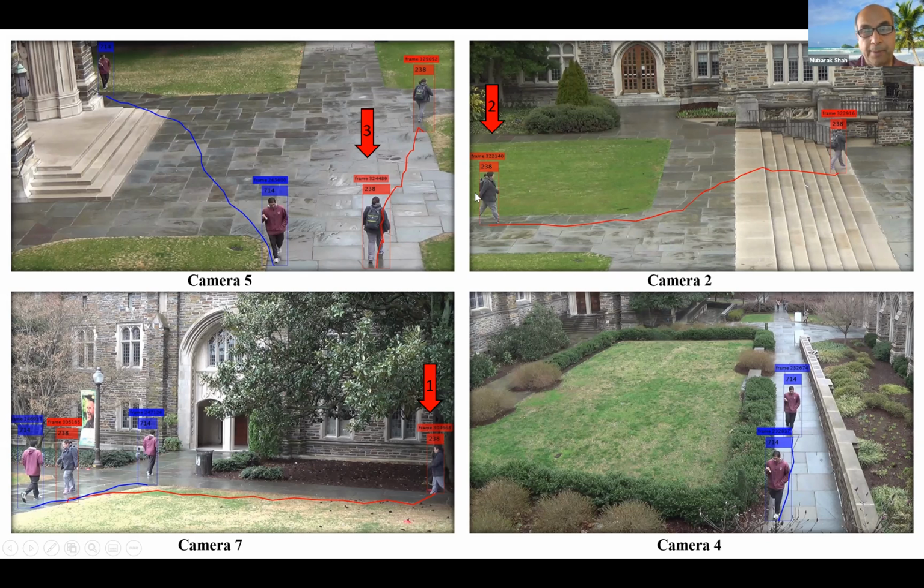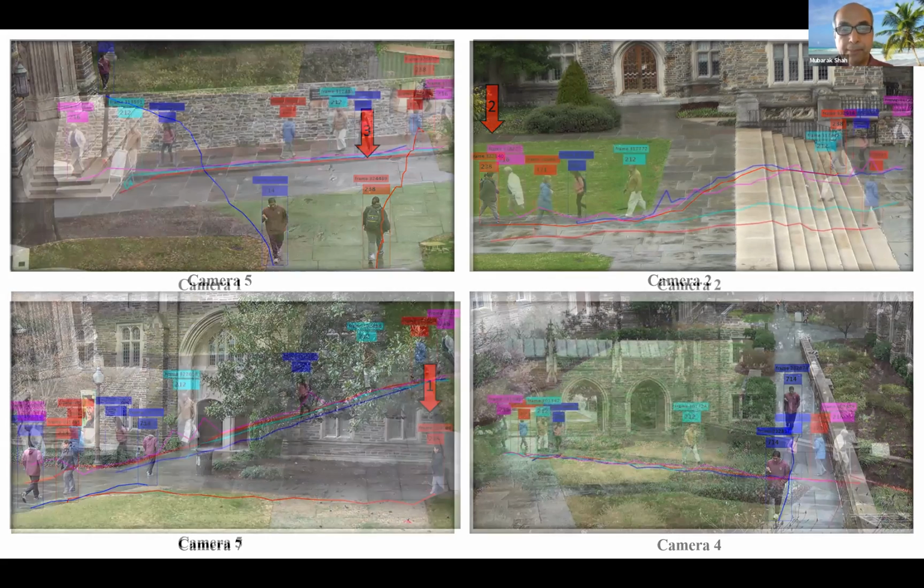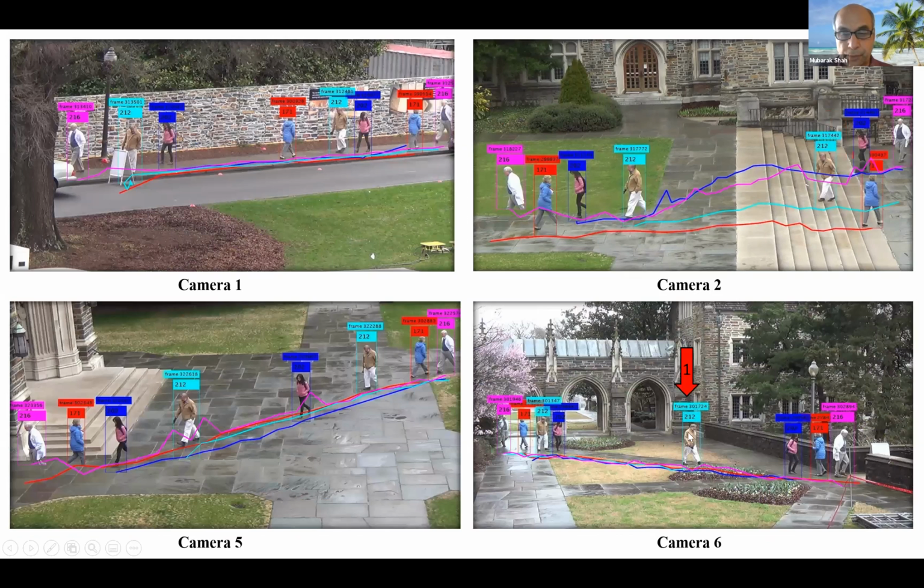Again, in all these 3 cameras, we have the same ID. Okay, we have some more examples. This is 212, camera 6, enters here and goes like this. And this one then goes to camera 1, going like this to that. And then in camera 2, going like this to that. And then here, camera 5.